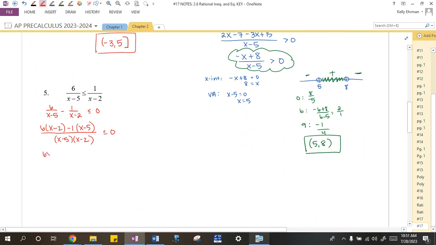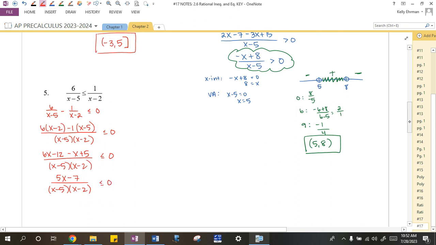So I should be distributing 6x minus 12 minus x plus 5. Remember, there's no need to distribute the denominator together. So we've got 5x minus 7 over x minus 5, x minus 2.